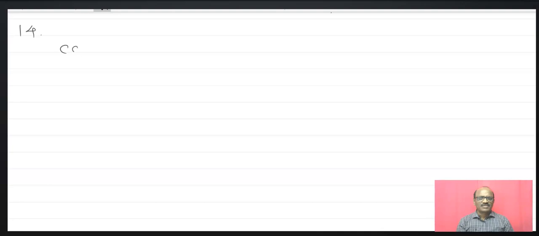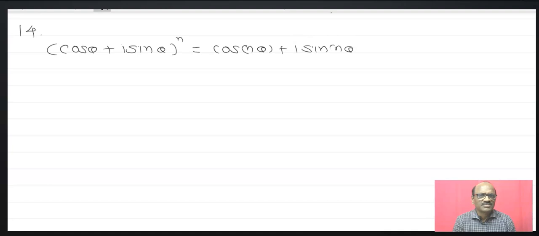Therefore, example number 14. (cos theta plus i sin theta) raised to n, Euler's theorem, equals cos of n theta plus i sin of n theta.